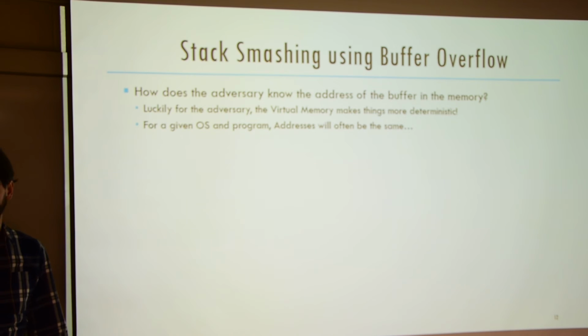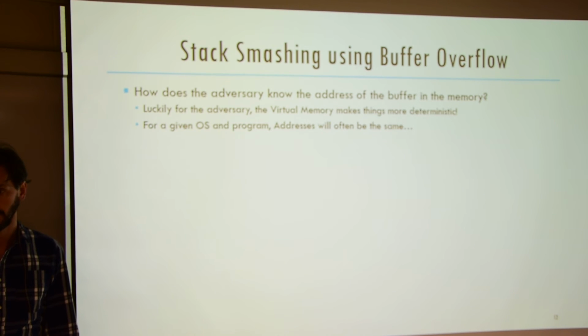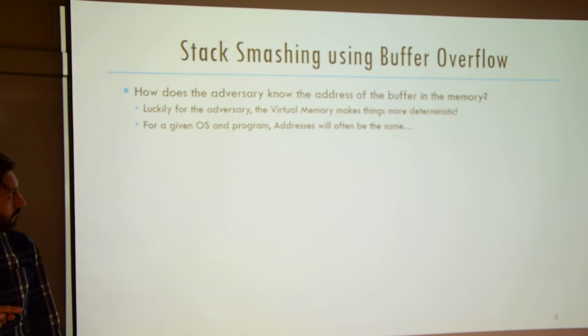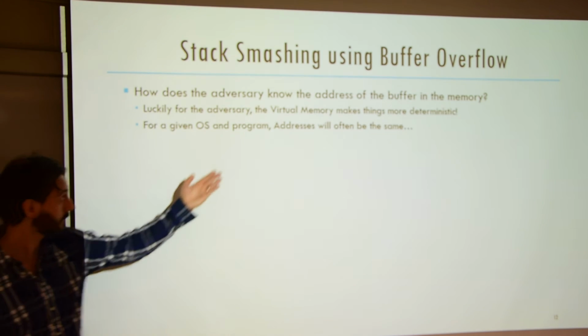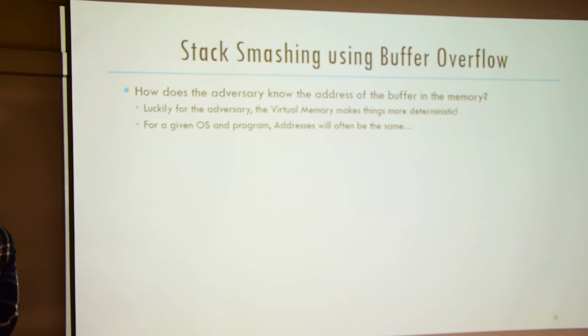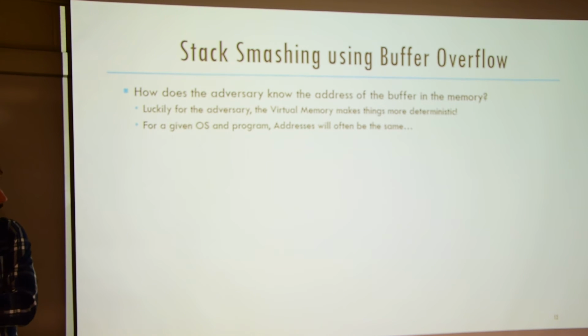As a matter of fact, in your laboratory, you will use a tool, GDB, right, to have a look at and find out the addresses of where the return addresses are stored and so forth. You will figure that out.